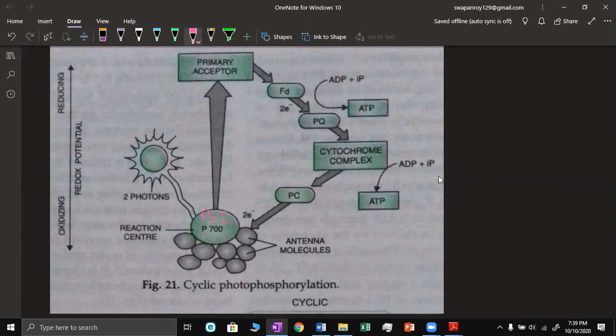In the cyclic photophosphorylation, only PS1 is involved, and this PS1 is alone located in the stroma thylakoid.